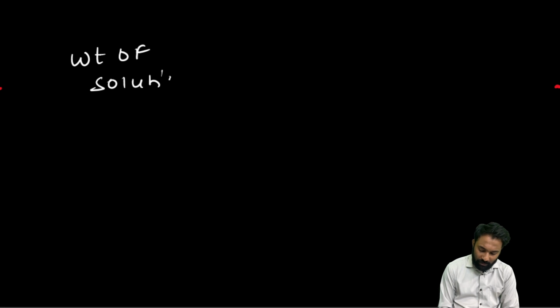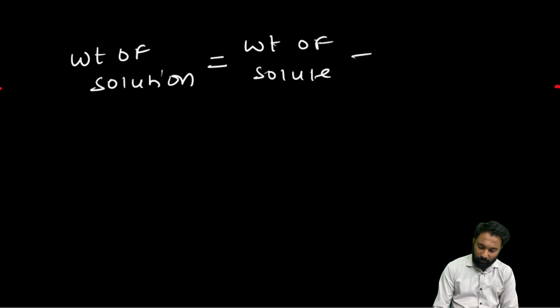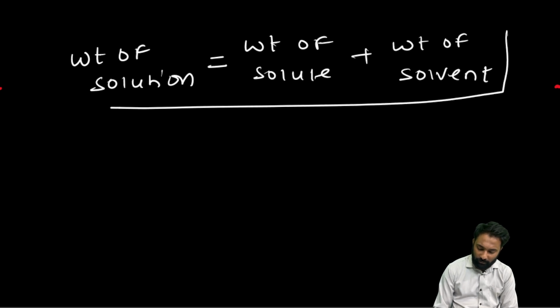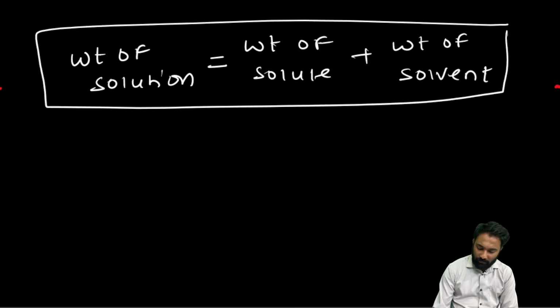If they have given the weight of the solution, weight of the solution will be equal to weight of solute plus weight of solvent. This is very, very important that you have to remember. Means the weight of the solution is not changing.